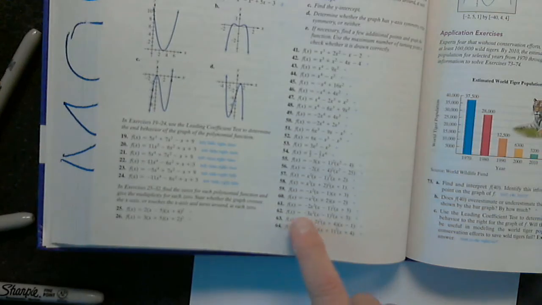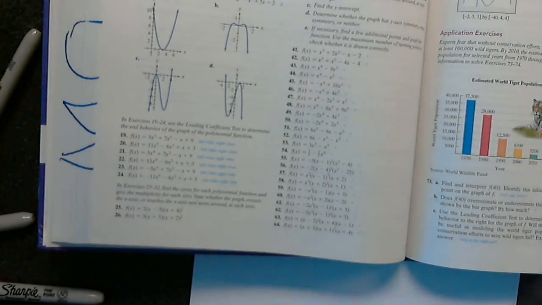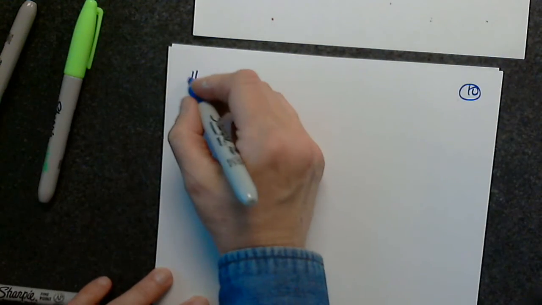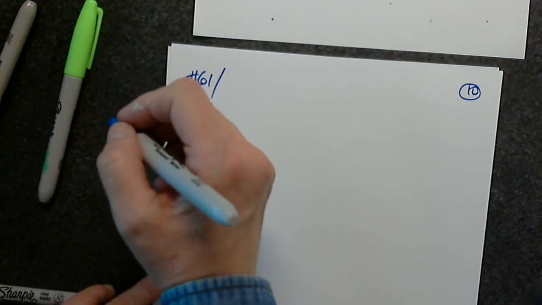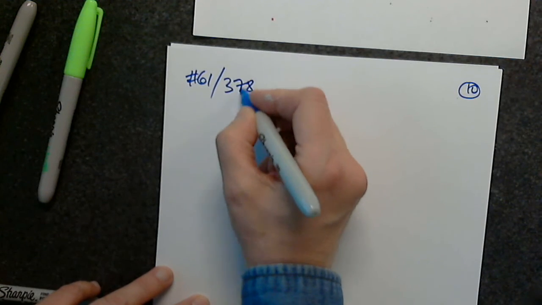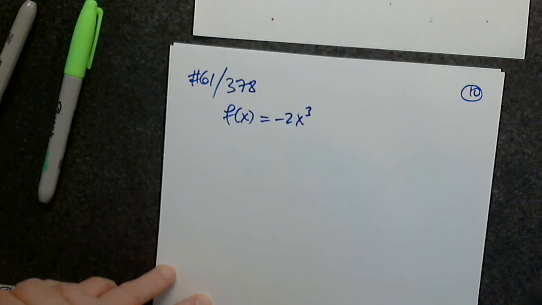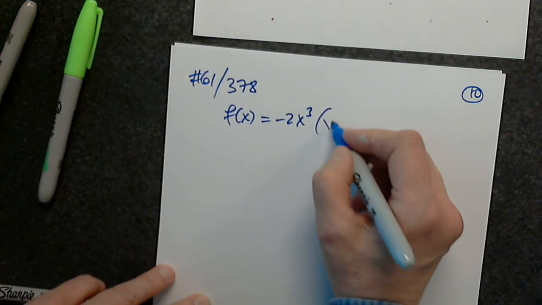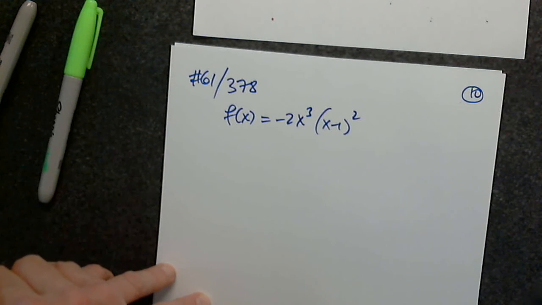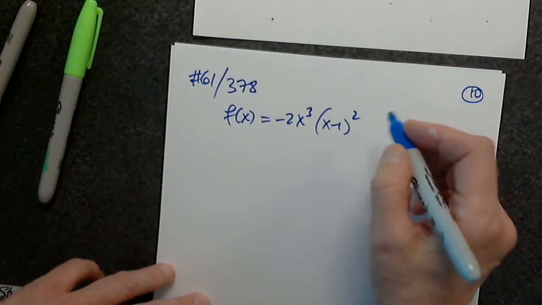Number 61, please. So negative 2x cubed, (x minus 1) squared, (x plus 5). Problem 61 is on page 378. f(x) equals negative 2x cubed, (x minus 1) squared, (x plus 5).